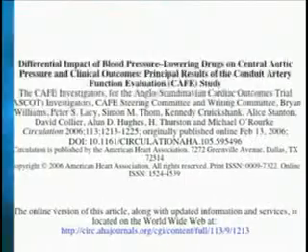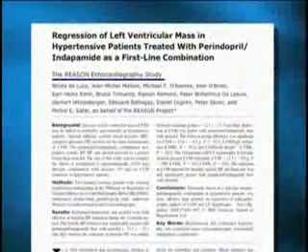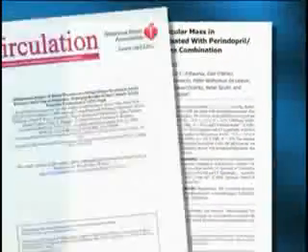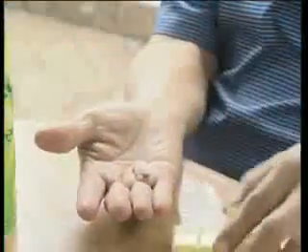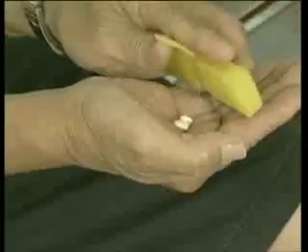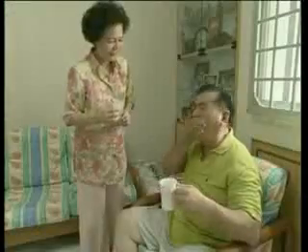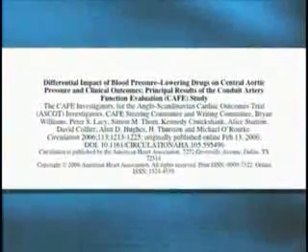There are big studies like the CAFE study and the REASON study. All these studies have shown that different drugs can affect the central pressure differently. For example, in the CAFE study, we have two groups of over 2,000 patients followed up for the next 5 years on the same blood pressure level they have been kept at for 5 years.